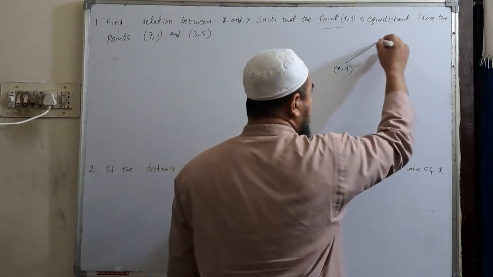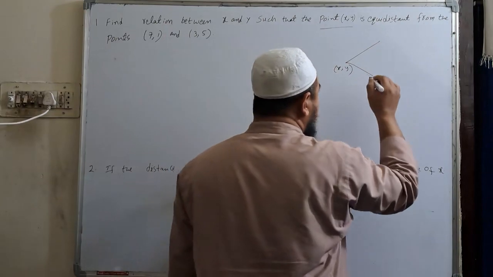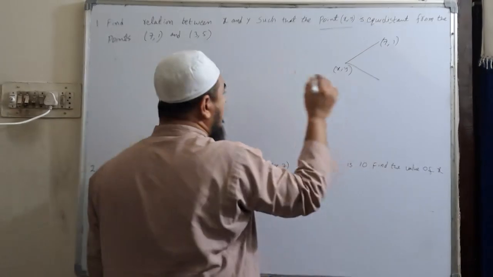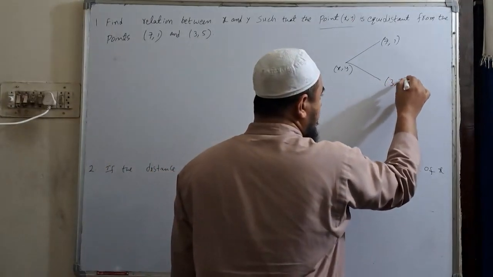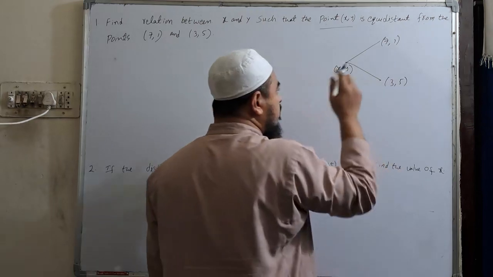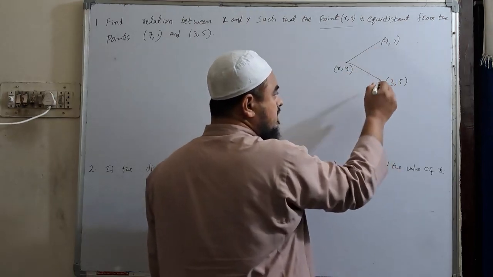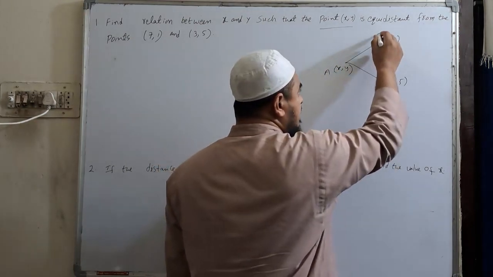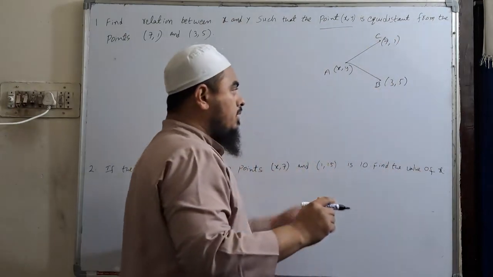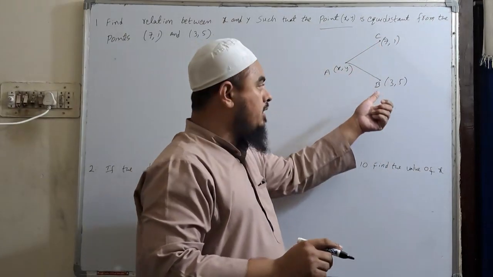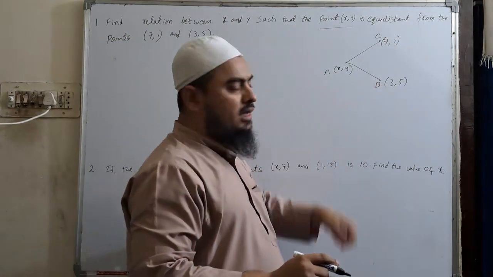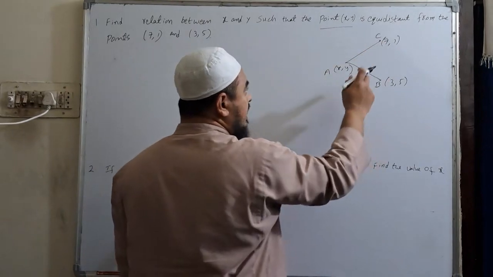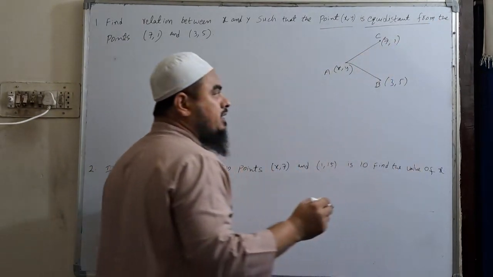This point is at an equal distance from the other 2 points, (7, 1) and (3, 5). Suppose we give names to these: this you can take as A, this as B, and this as C. C is the point (7, 1), B is (3, 5) and A is (x, y). So the distance AC is equal to AB, that is the meaning of equidistance.